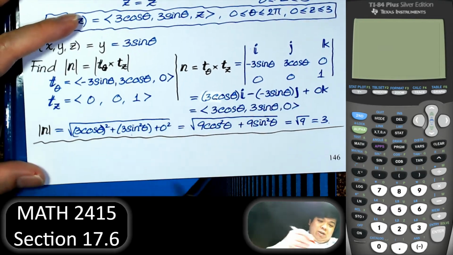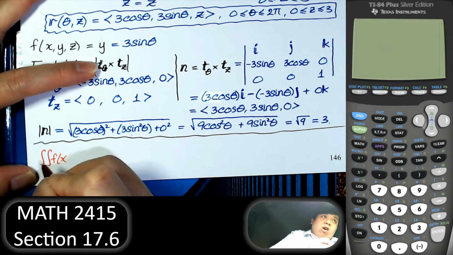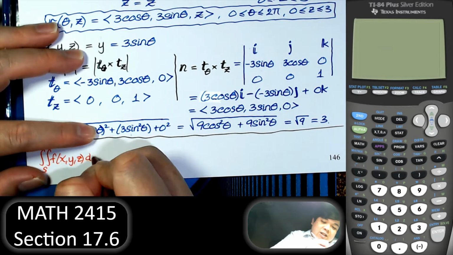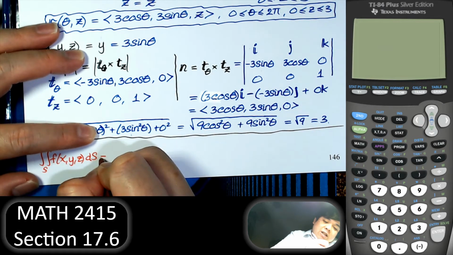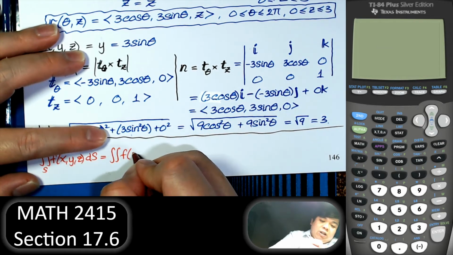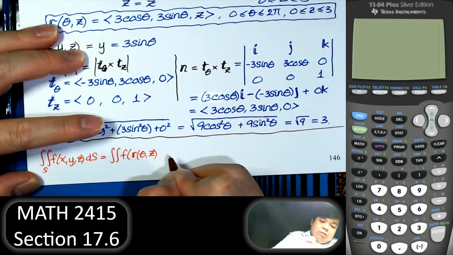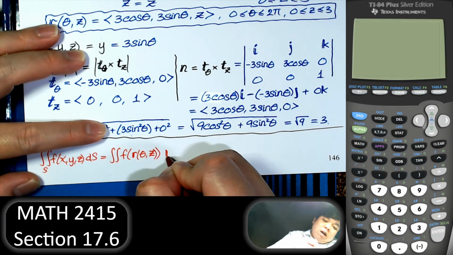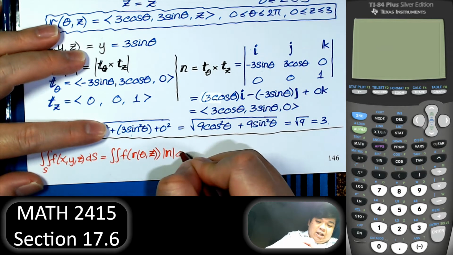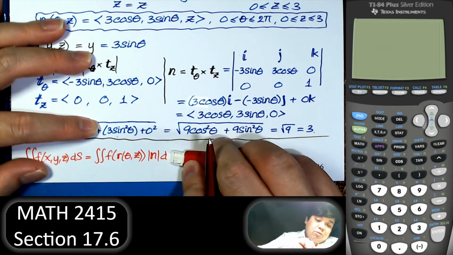For the surface integral, the surface scalar function times dS equals, now we write the function in terms of the two variables, and then we multiply by the magnitude of the normal vector, and then dA. dA is certainly dz and d theta, pretty much two parameters.